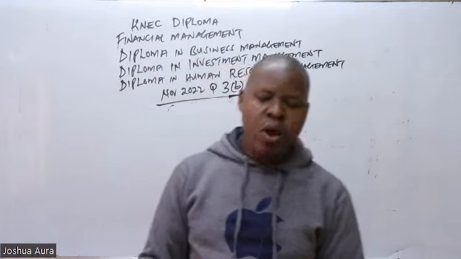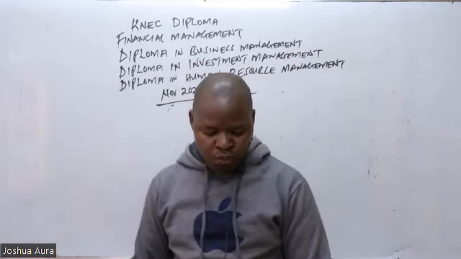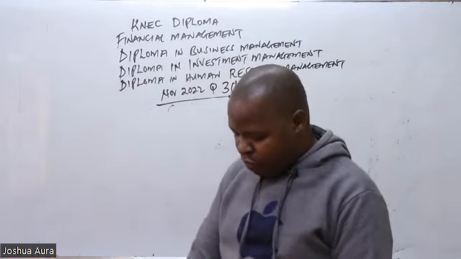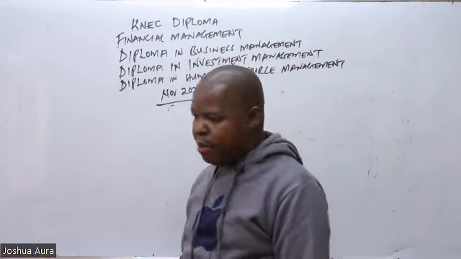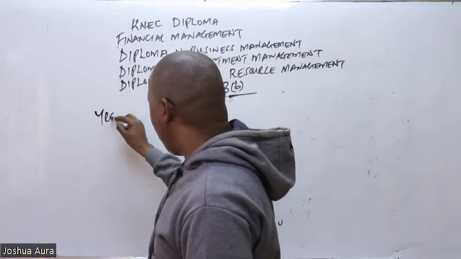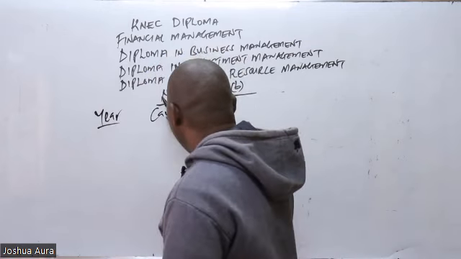So now let us look at the solution. We will come up with a table of columns, whereby we will start with a column of year, then cash inflows.